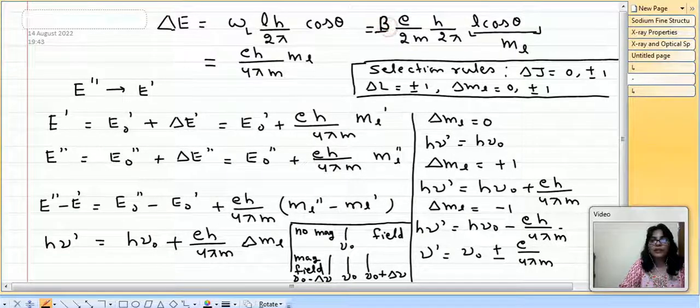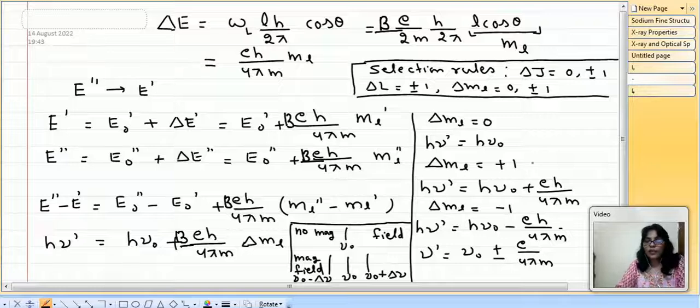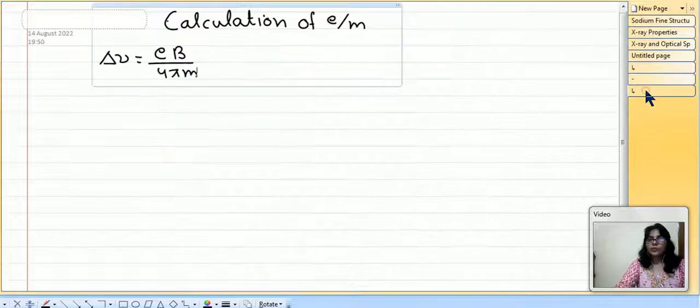So make the correction here: B into E by 2m. Therefore everywhere we will have the magnetic field B also, because we are applying the magnetic field, so we cannot leave it out. So it is EB.